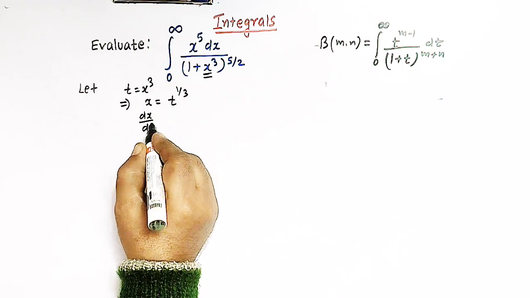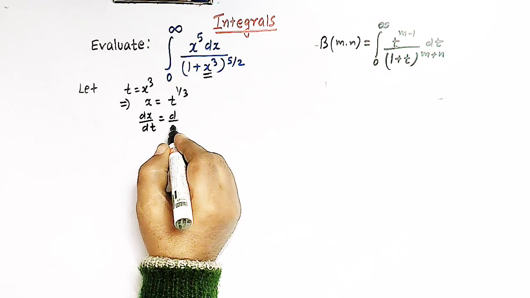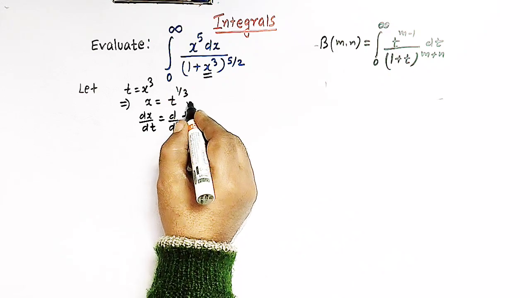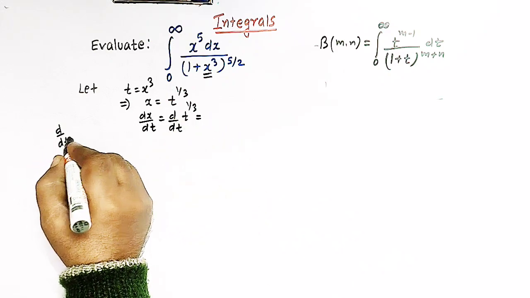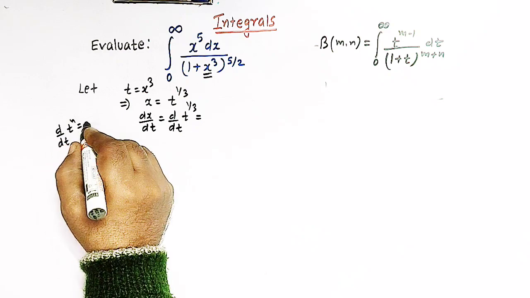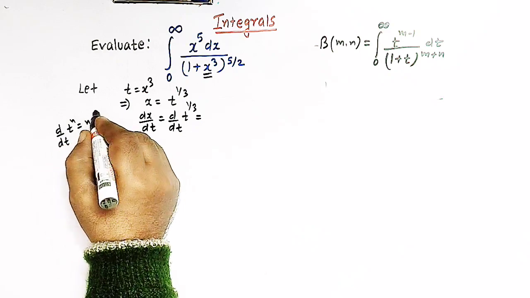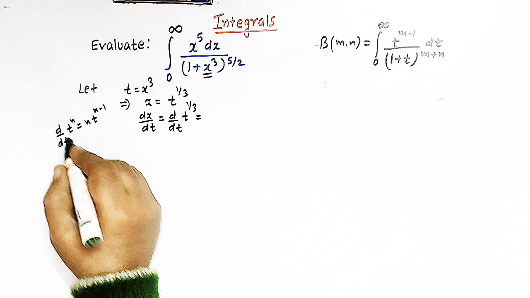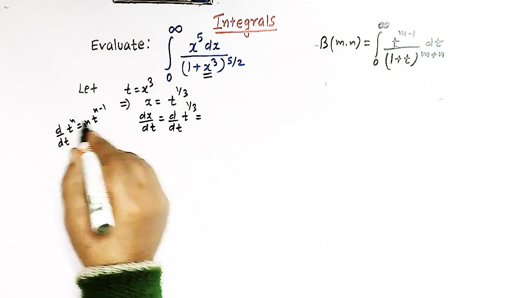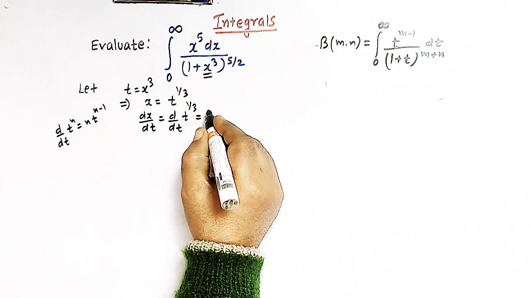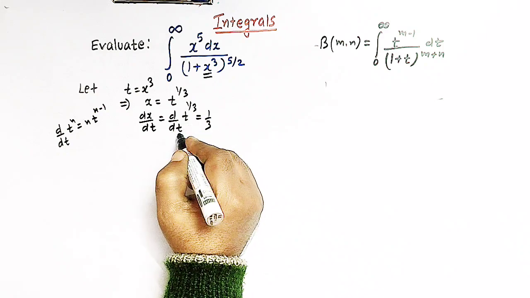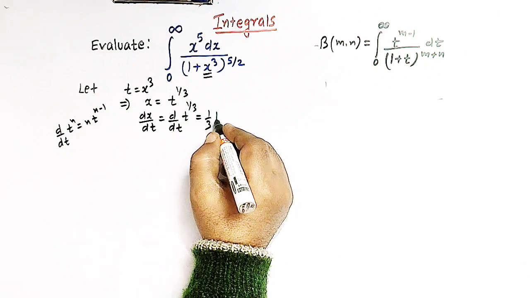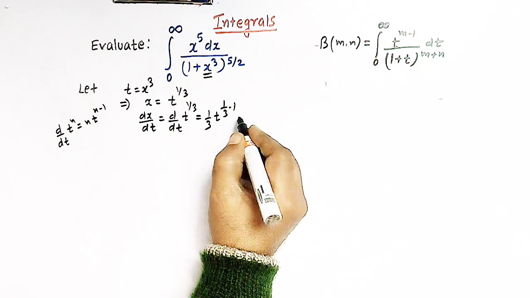So we have dx over dt is d by dt of t raised to 1 over 3, and making use of the power rule, we have n t raised to n minus 1. Here the value of n is 1 over 3, so the derivative of t raised to 1 over 3 with respect to t is 1 over 3 t raised to 1 over 3 minus 1.